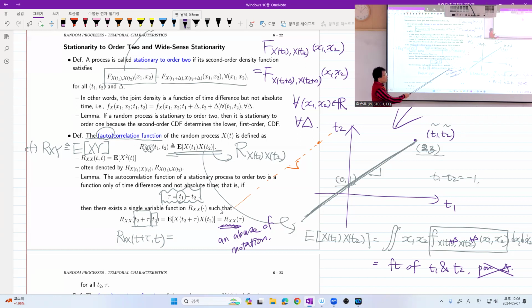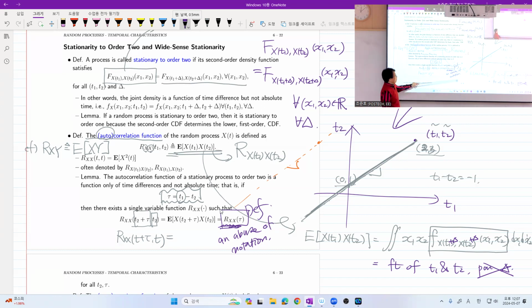So this single parameter function parameterized by tau, that is T1 minus T2, is very useful when you are given a stationary random process to order 2. And this single parameter function is called what? Usually the autocorrelation function of a stationary process to order 2. Got it?